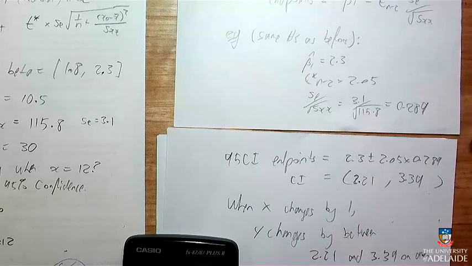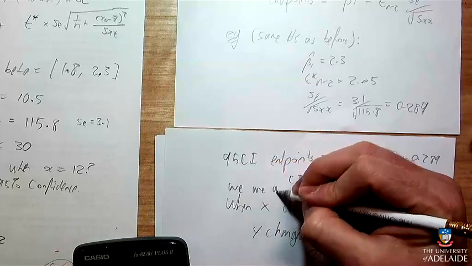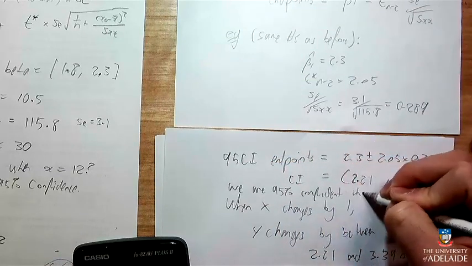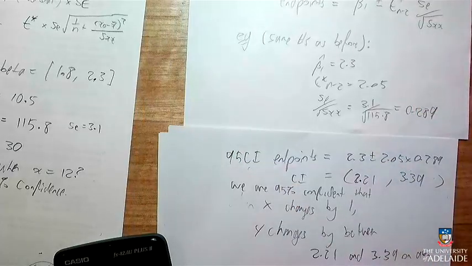Oh, you're supposed to start that sentence with, we're 95% confident that. There we go. That's regression, which took longer than I hoped.